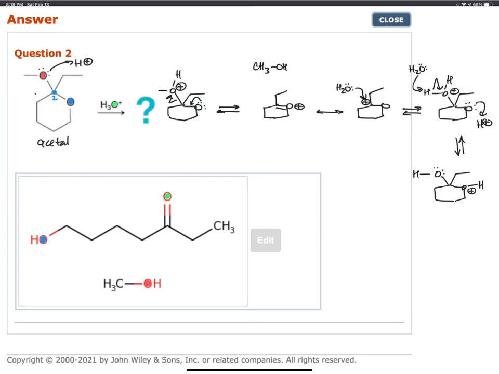Now we're going to do another elimination where that oxygen is going to push out that as the leaving group. It's leaving, but it's still retained in the molecule because it's bonded to the backbone.